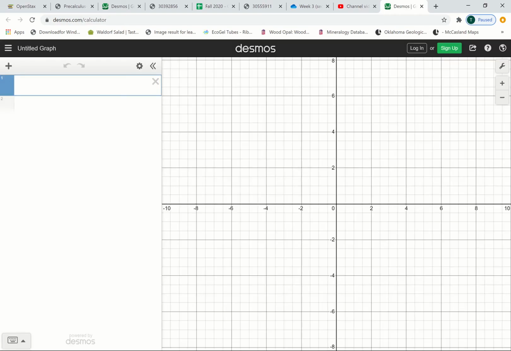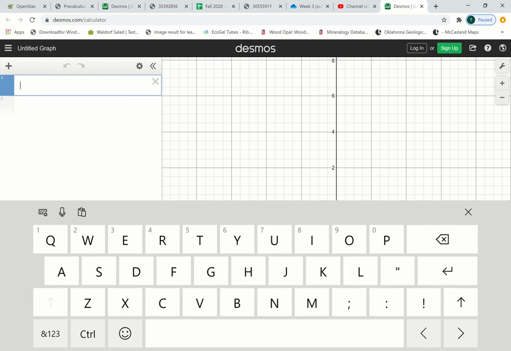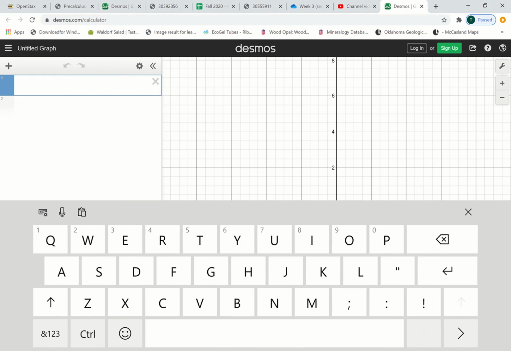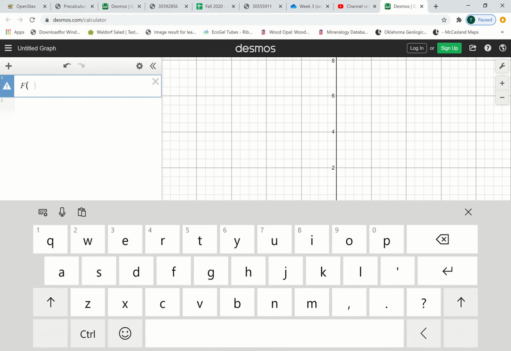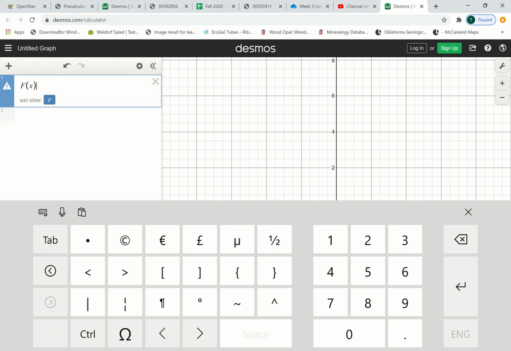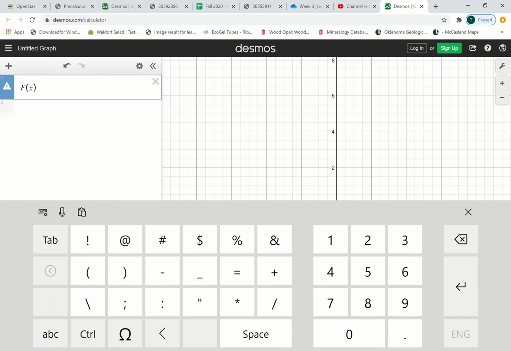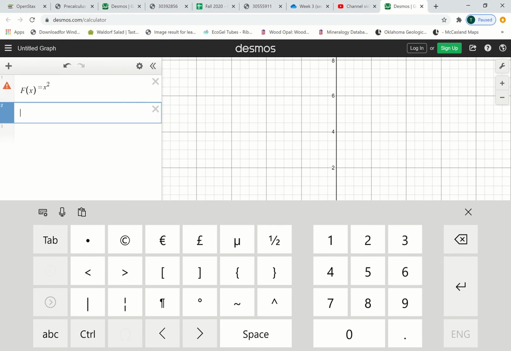So it's just mirrored on both sides. And we are going to have a look at some even functions. So let's start with f of x equals x squared. Oh, I have to put equals. I'm getting way ahead of myself here. That doesn't look quite right.